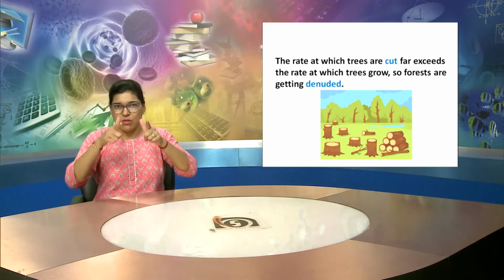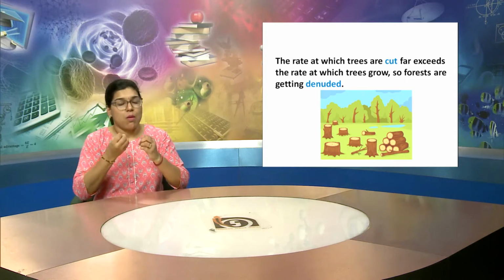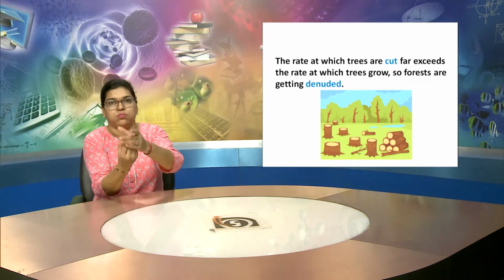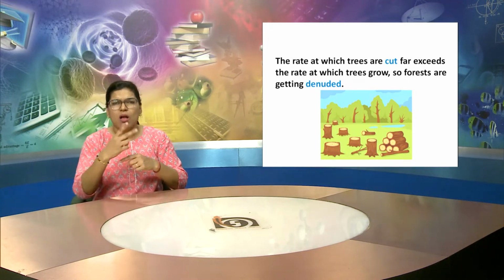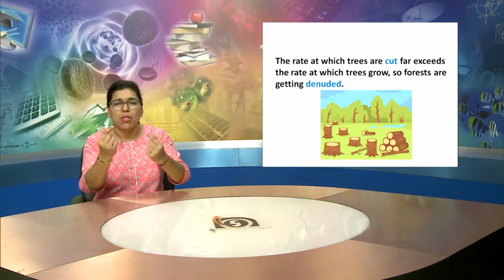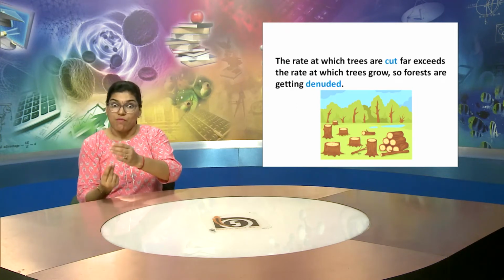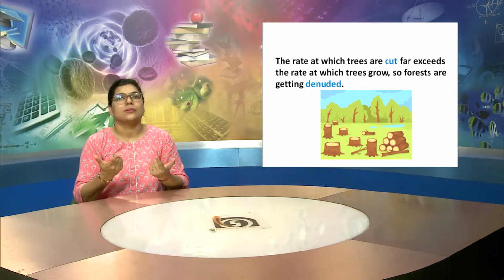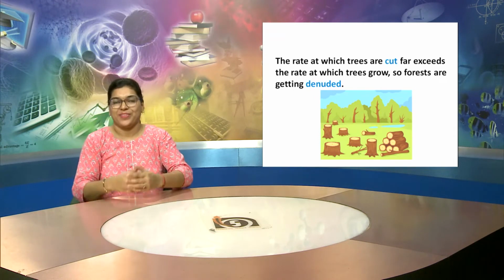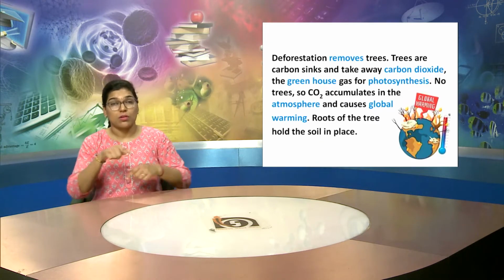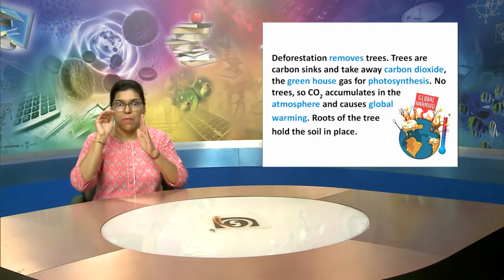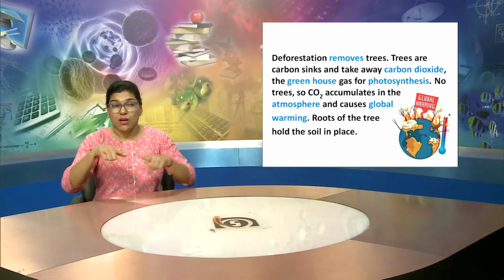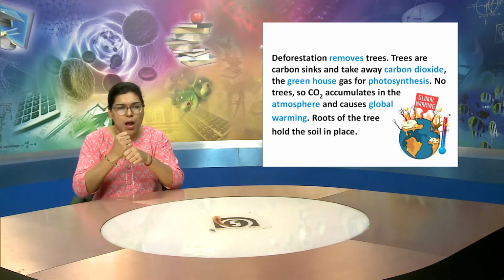Now this slide is in continuation of the previous slide. The rate at which trees are cut far exceeds the rate at which trees grow. We all know that trees grow at a slower rate, but we cut trees at a faster rate. So that is why forests are getting denuded. And the act of cutting trees, which is deforestation, automatically removes trees.